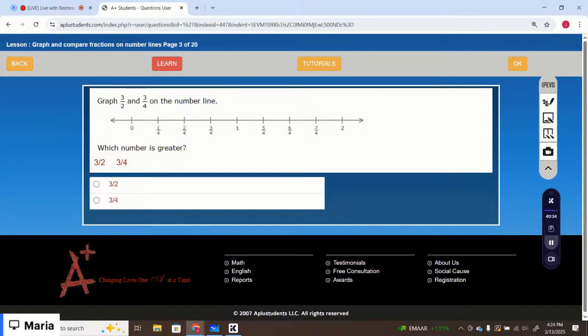Graph 3/2 and 3/4 on the number line. Which number is greater? Which is the correct option?